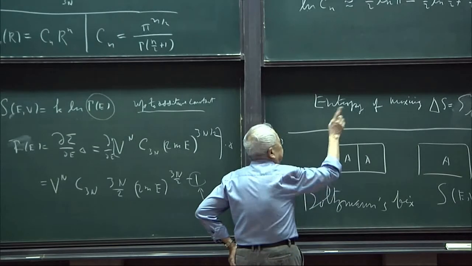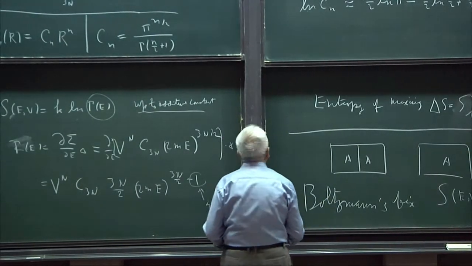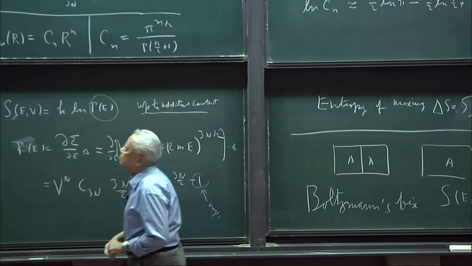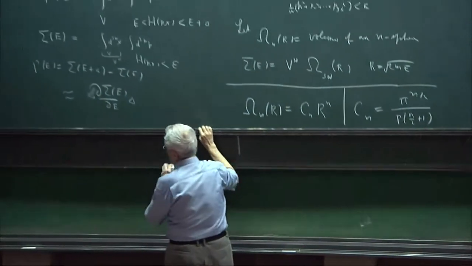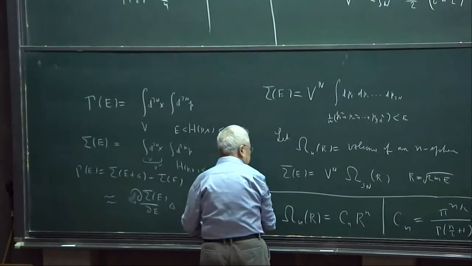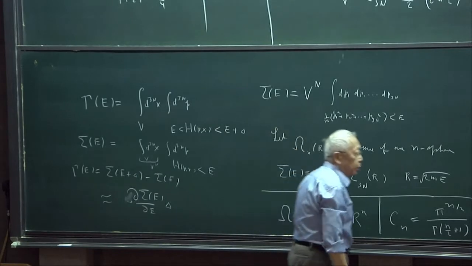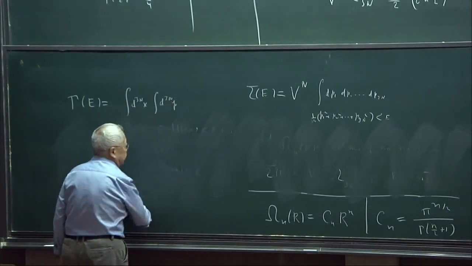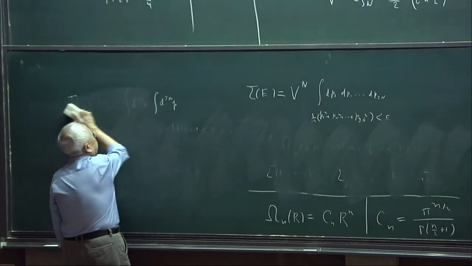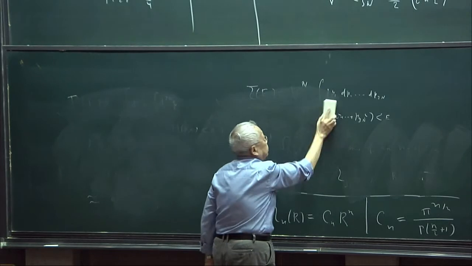I will derive the same thing using a different method. So again, microcanonical example, I do not directly do this integral, but I do it with a different method. Now, gamma E is the number of states of the system with energy lying between E and E plus some tolerance delta.